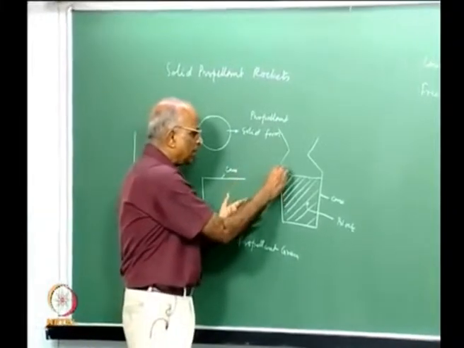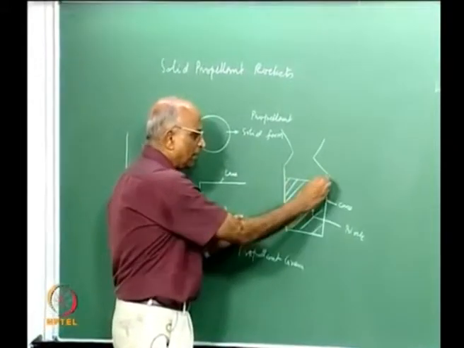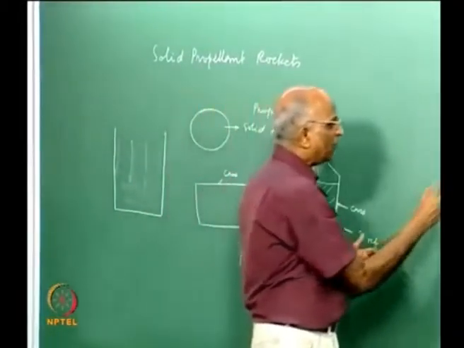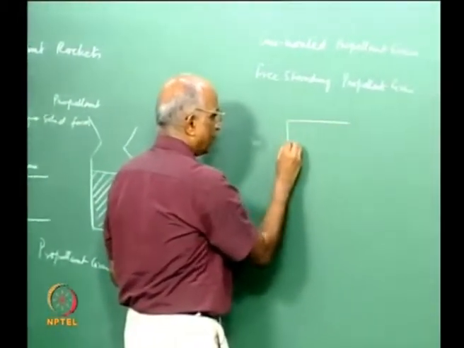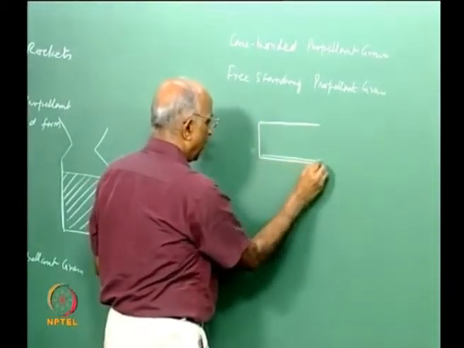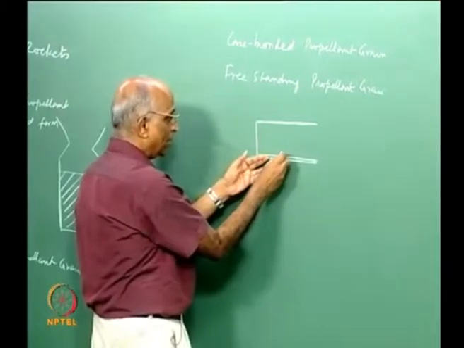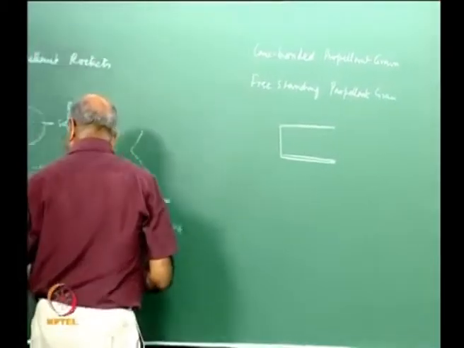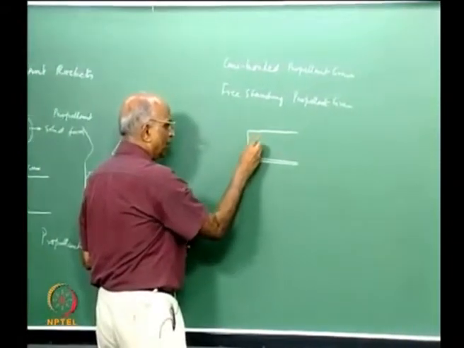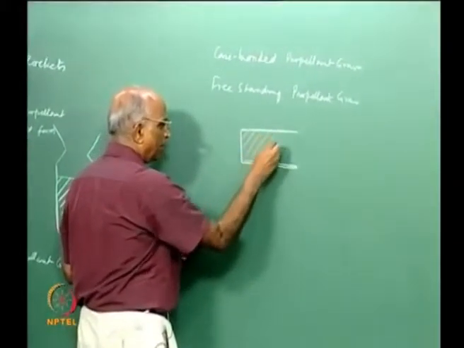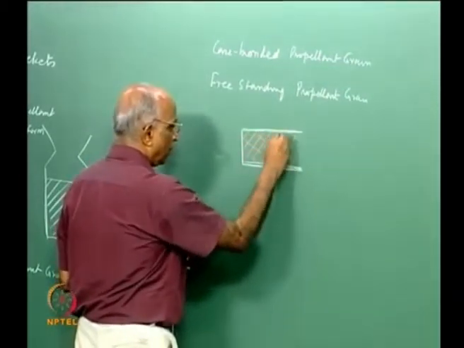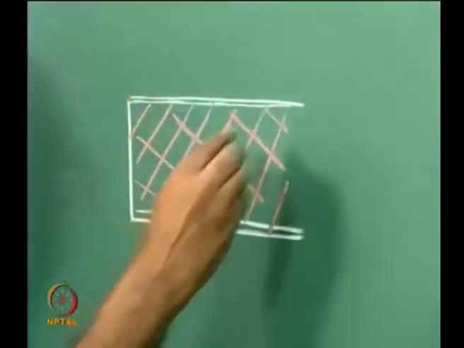As the propellant burns, the hardware or the metal case or whatever be the case will get heated. Therefore, it is necessary for us, if I have a case, I have something like a liner, and this liner could be an insulator, and then I put the propellant into it, and then I attach a nozzle onto it.